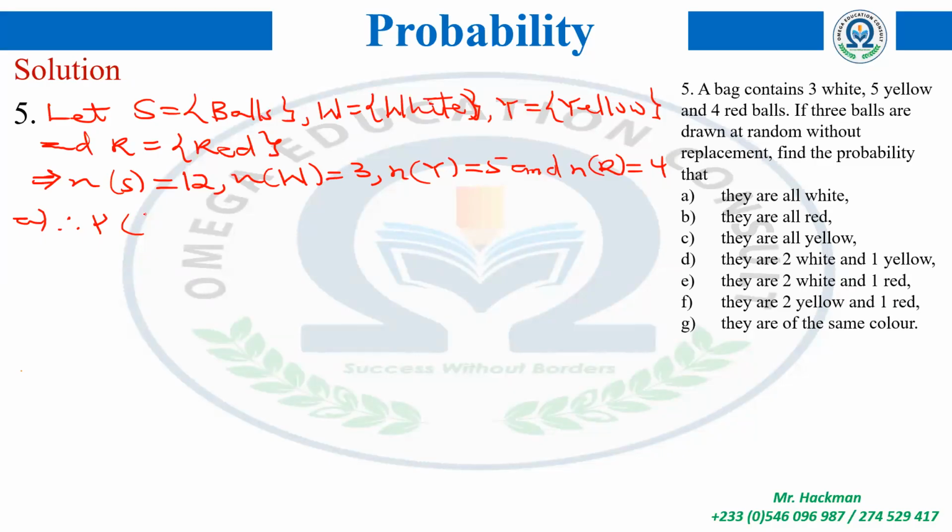So probability all white will be equal to, let me see if someone will give it a shot. Who wants to try? Patience, let's go.